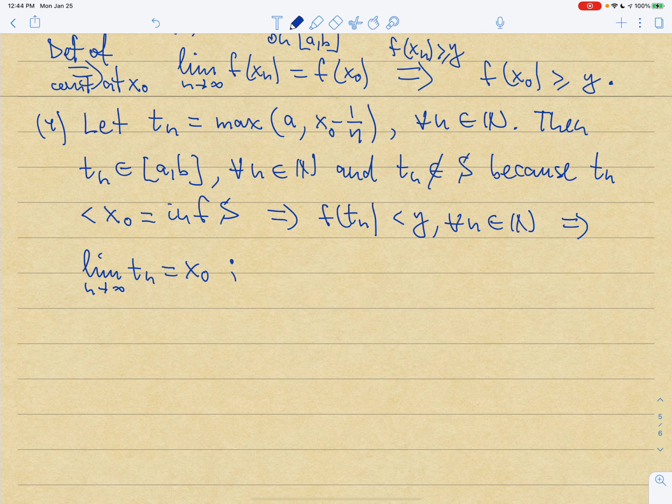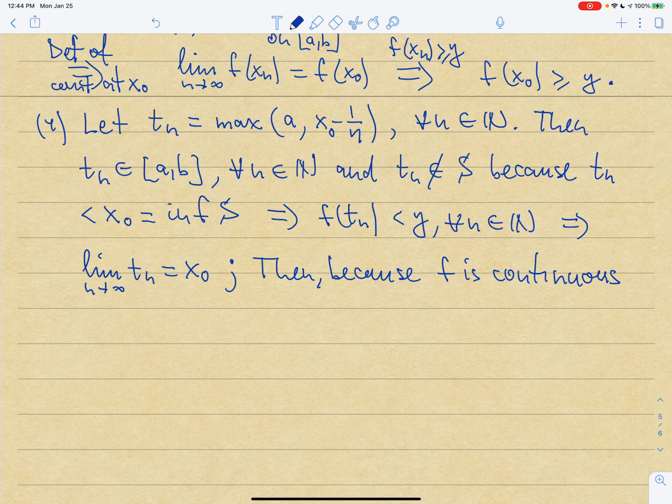And again, because f is continuous at the point x0, then by definition of continuity, we conclude that the limit as n goes to infinity of f of Tn must be equal to f of x0.